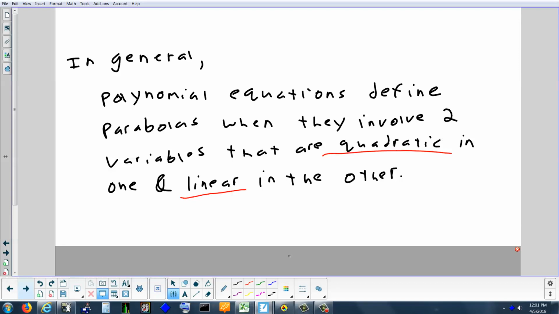Now, when we talk about ellipses and everything else, they also have two variables. The difference, they are both squared. So that's what can make conic sections kind of confusing. All the equations pretty much look the same. Except sometimes both of them are squared, sometimes it's only one of them squared.